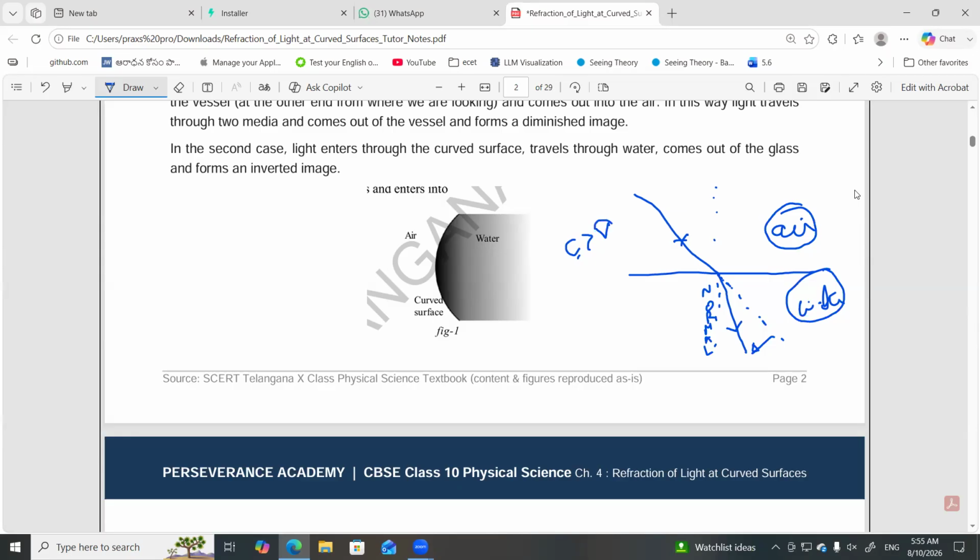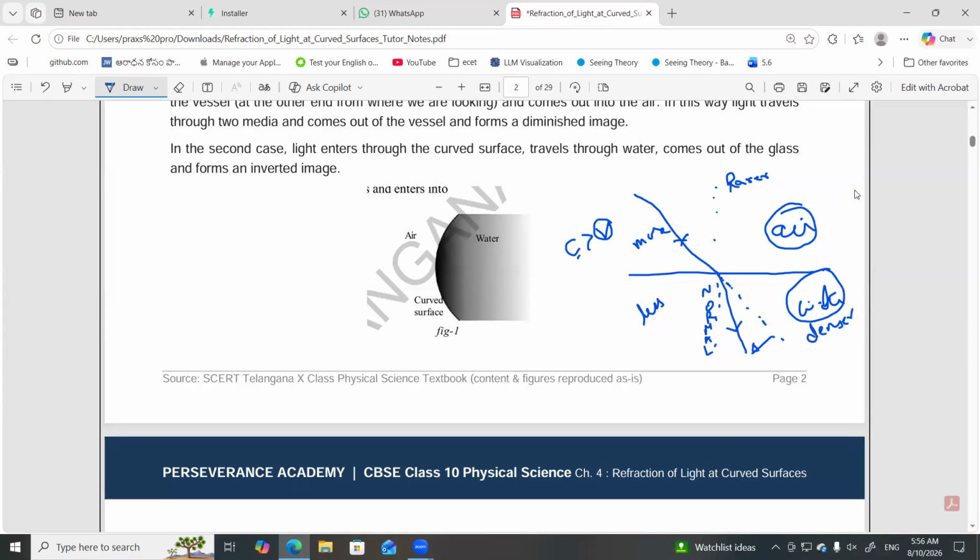And the speed of light in medium is lesser than speed of light in vacuum. The speed is less here. The speed is more here. So where the speed is more, that particular medium we need to call it as a rarer medium. The other one is denser medium.